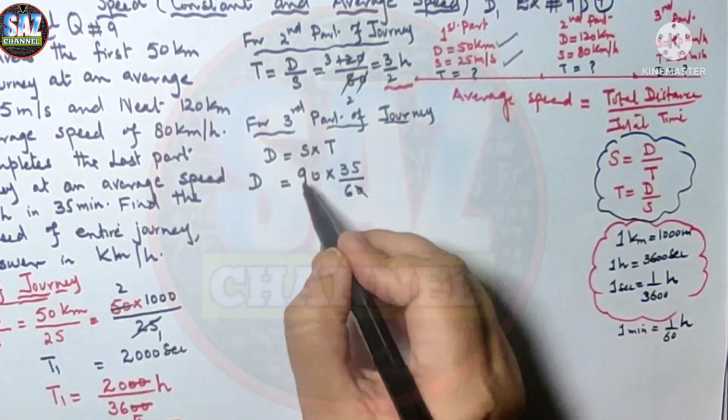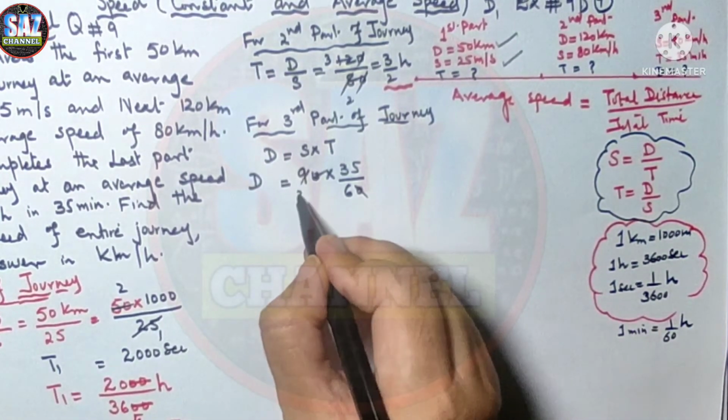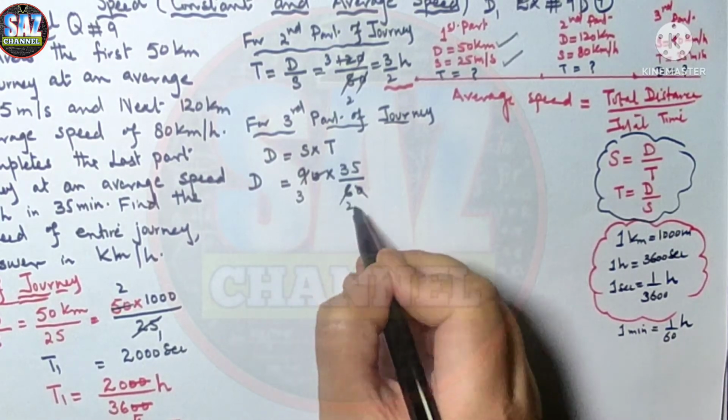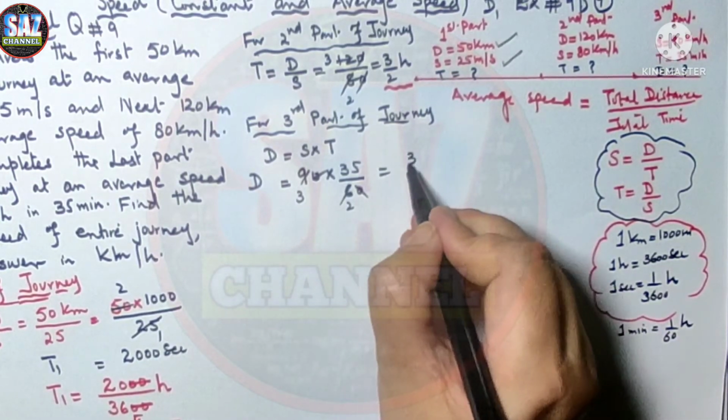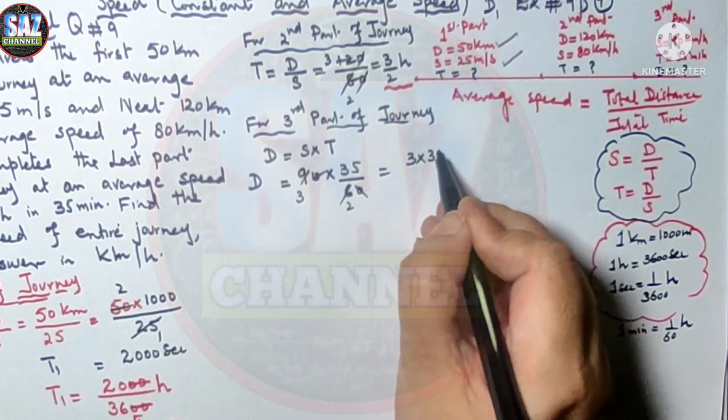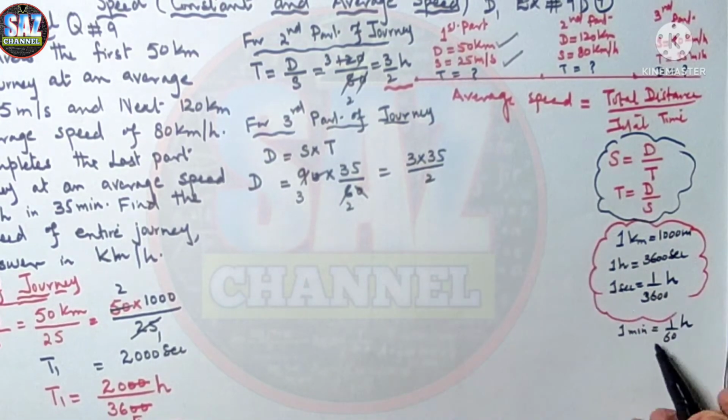Okay, 0 goes with 0, 3 3s are 9, and 3 2s are 6, and I am left with 3 multiplied by 35 by 2. 3 multiplied by 35: 5 3s are 15, 3 3s are 9, and 1 makes 10.